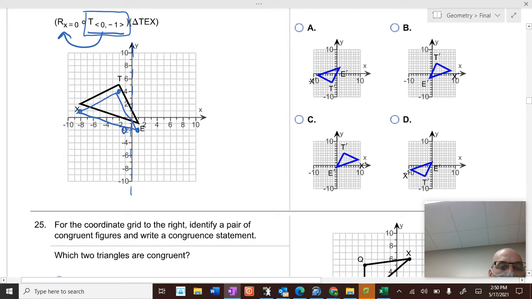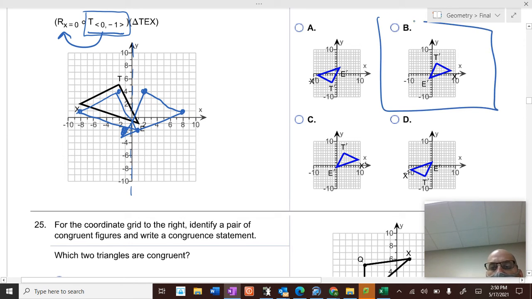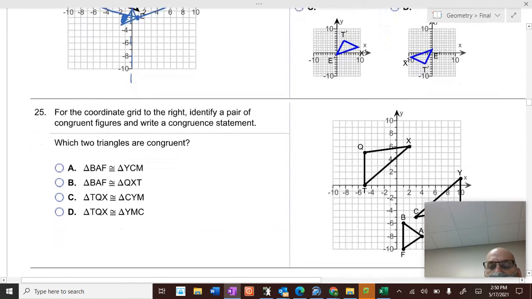X equals 0 is here, here, and here. So which one does that match? Well, it matches choice B. It's a lot like C. So when you have your test, zoom in on them.